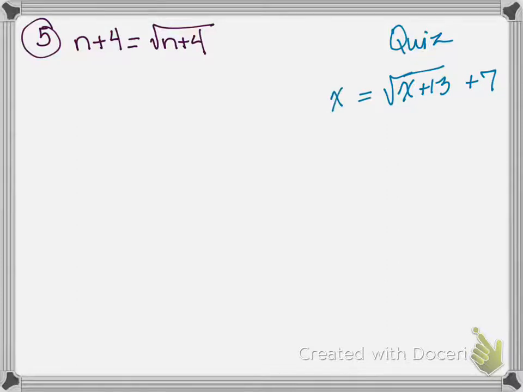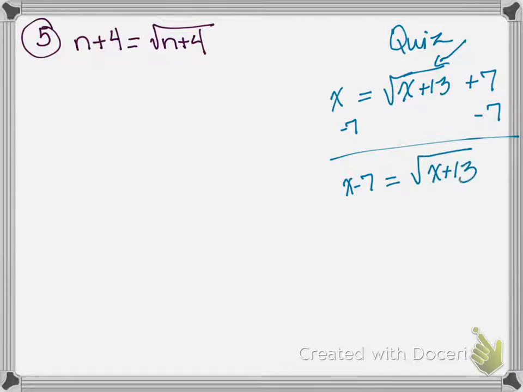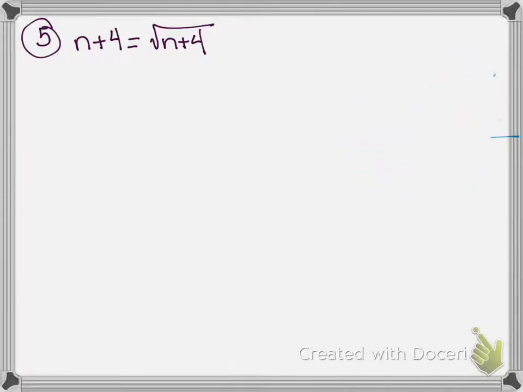A lot of students messed up because they didn't bring that 7 over first. The very first thing that you needed to do on the quiz was isolate the square root. So I needed to have something that looked like this on my quiz. Then I could square both sides. Fortunately for us, our square root is already isolated.